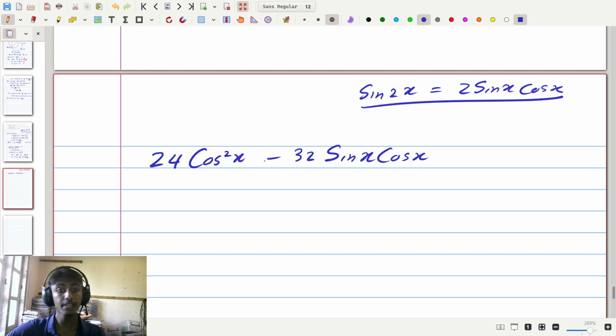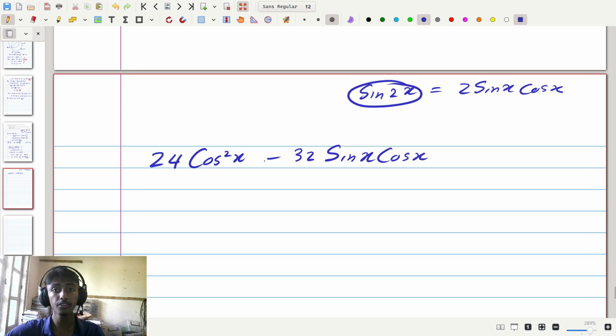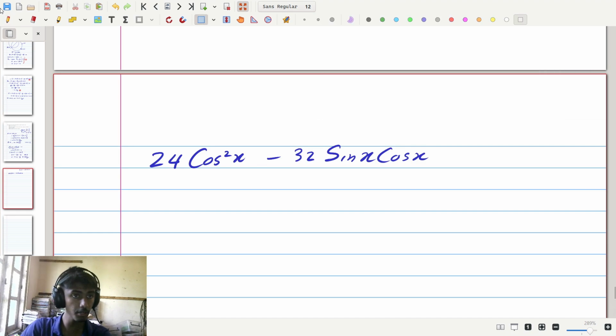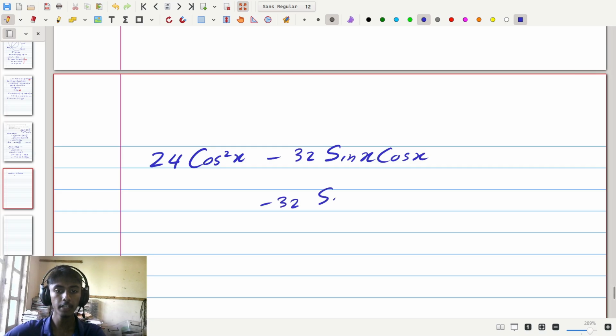Sine of x times cosine of x is equal to sine of 2x divided by 2. So the first thing I'm going to do is substitute for the 32 sine of x times cosine of x: minus 32 times sine of 2x divided by 2.